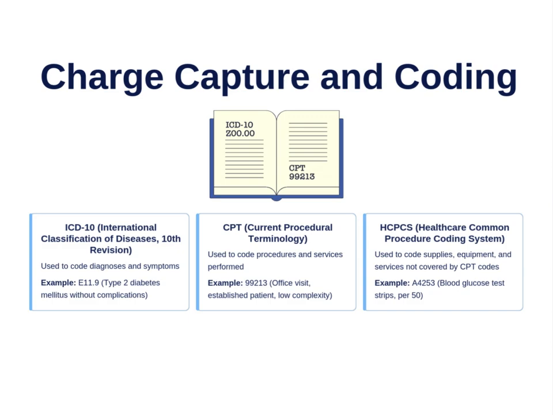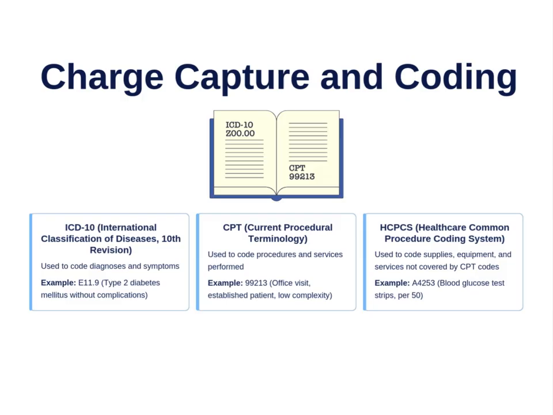HCPCS codes, Healthcare Common Procedure Coding System. These are codes frequently used by Medicare and Medicaid that go beyond CPT codes. These are services not covered by CPT codes, and a lot of times these are for durable medical equipment, like wheelchairs, walkers. This gives you the example of blood glucose test strips.